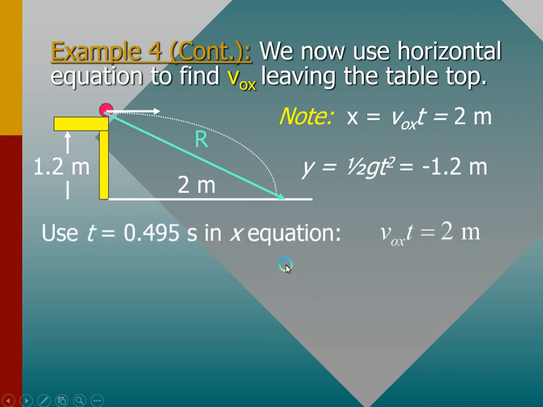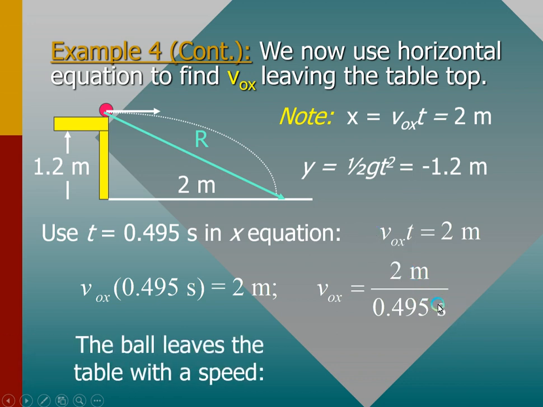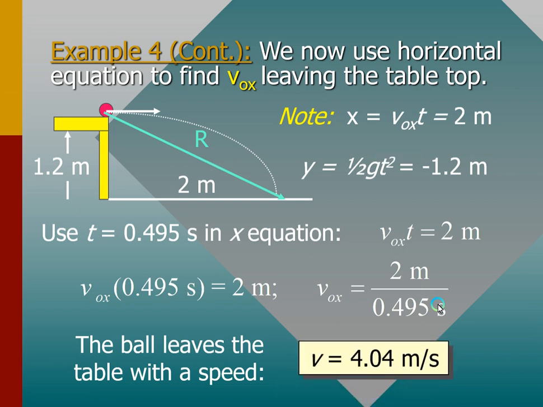So take note of the formula, which is x equal to VOX times t for the range. So VOX times 0.495 is equal to 2 meters. Solving, VOX is equal to 2 meters divided by 0.495 seconds. So the ball leaves the table with a speed of 4.04 meters per second.